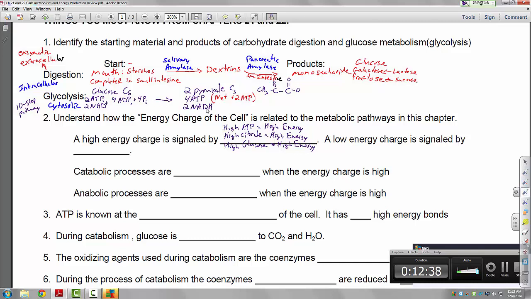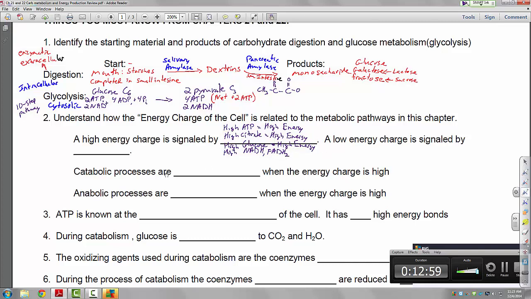So it turns out these reduced coenzymes also signal high energy. We'll see that maybe in the next chapter, but I'm going to say here high NADH, and also FADH2, although we did not see that in this chapter. FADH2 also signals high energy.